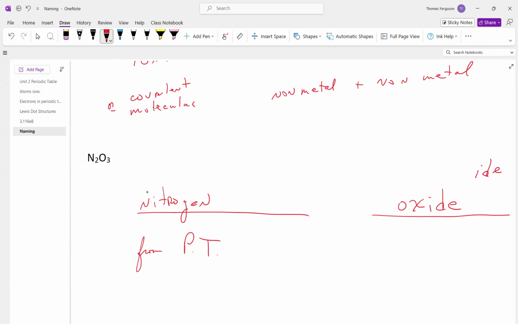Now the first step is ionic or covalent. Second part is put the names down. Third step is how many of each do you have? Okay, we've got two nitrogens, so that's di, and that's from the top part of your common ion chart.